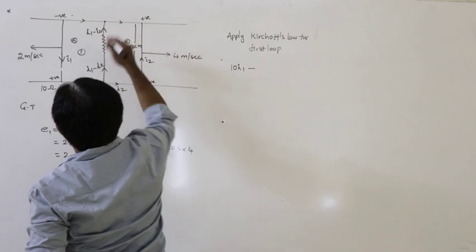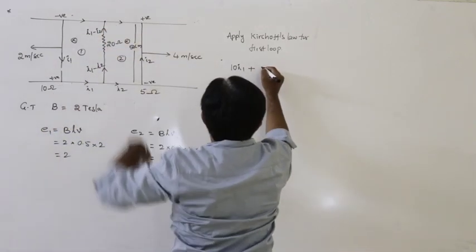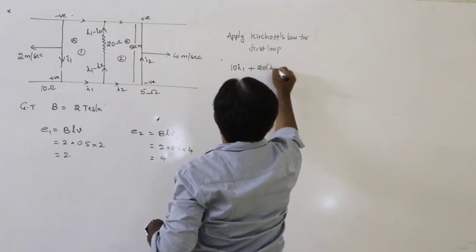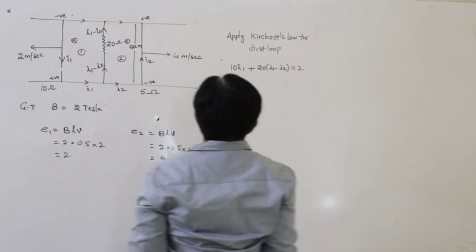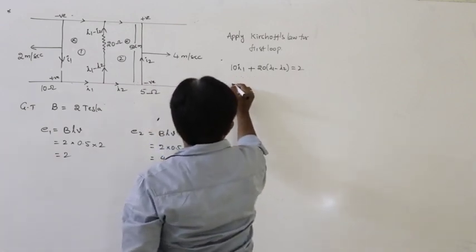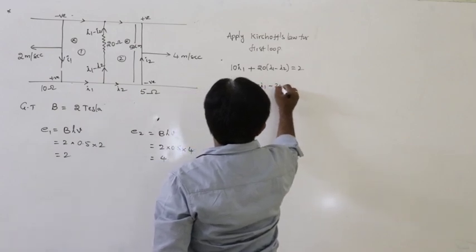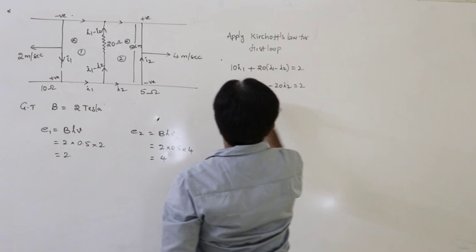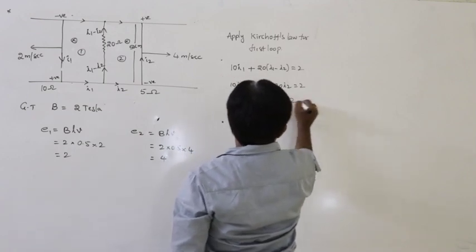This is the direction of I1, here it is plus 20 into I1 minus I2 is equal to 2, that is the E1 value. So from this, 10 I1 plus 20 I1 minus 20 I2 is equal to 2. So 30 I1 minus 20 I2 is equal to 2.